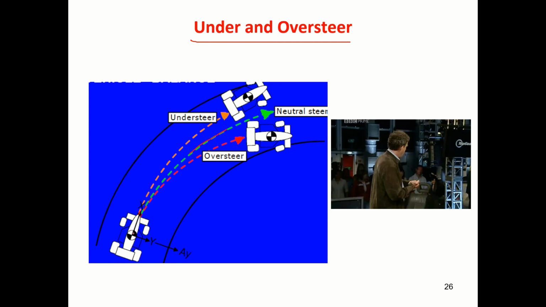I give the required steering input, but the vehicle, instead of following this, follows this path. So to make this vehicle follow this path, I have to steer more than what is required. Such a case we call understeer.